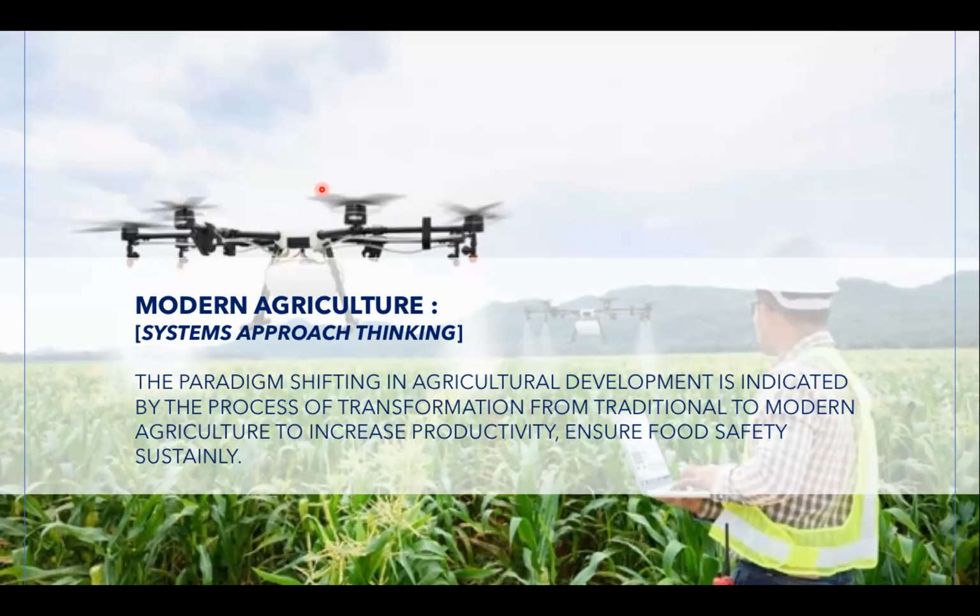That's the main indicator in a modern agricultural system. Not only how to increase productivity, but also sustainability, and now more widely the sustainable environment, something like that. So there is a transition process from conventional agriculture to modern agriculture.